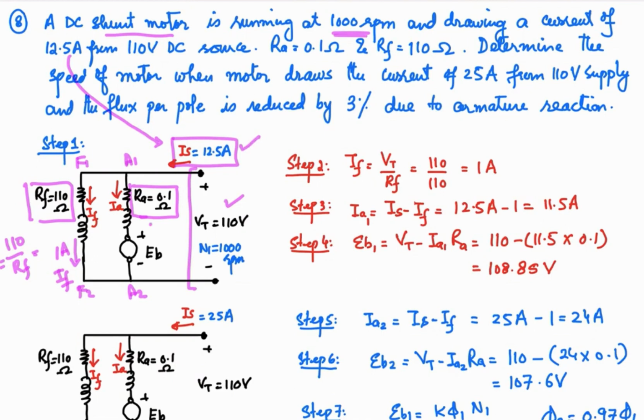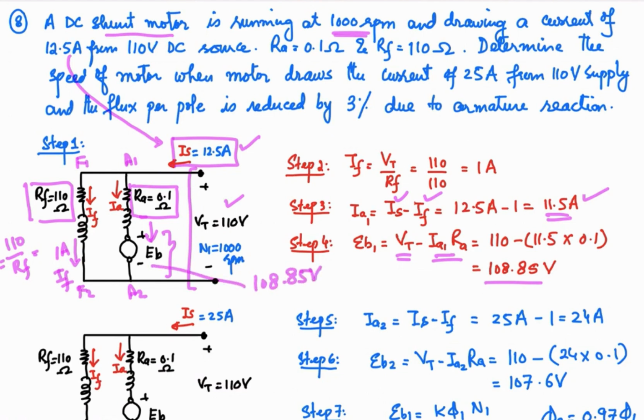So our armature current will be simply the difference of the supply current and the field current, and that is 11.5 ampere. Then you can work out the back EMF as we did in the last example. Using the motor voltage equation, VT minus IA1 RA, that is 108.85 volts. So the back EMF in this case is 108.85 volt.